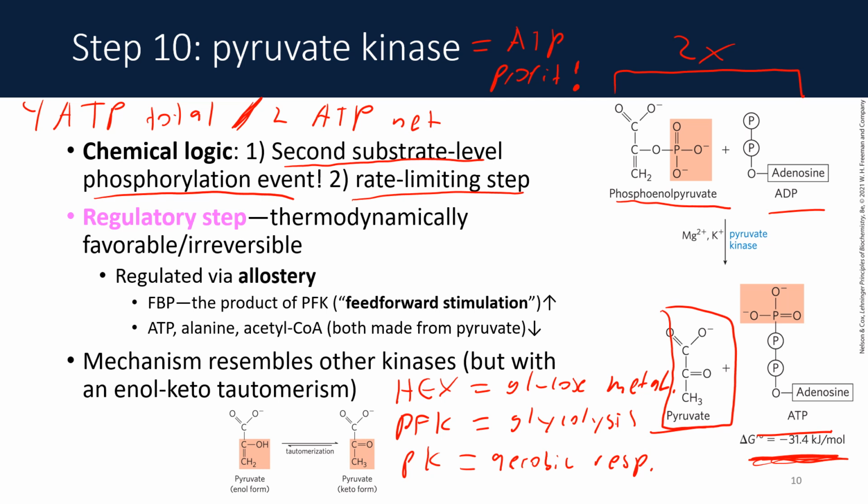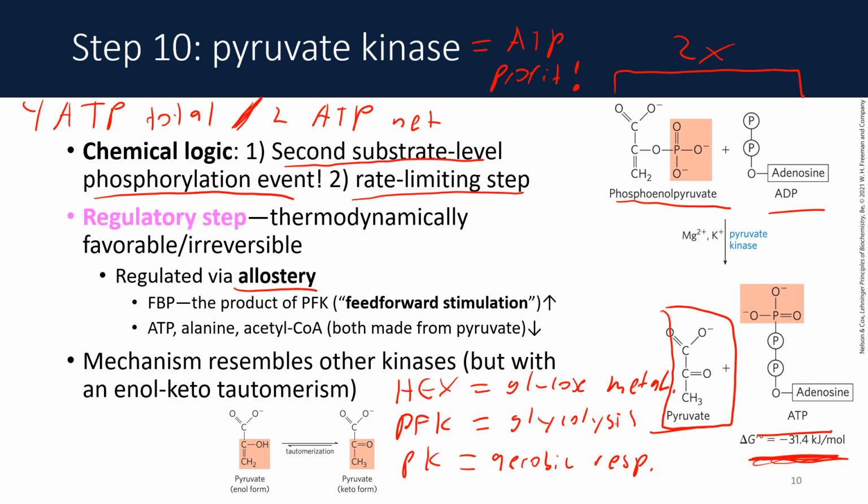However, pyruvate is also a useful molecule, and we don't want to burn any of our metabolites unless we are sure we need the energy. So that's why it's useful to tightly control the final bookend of glycolysis through allostery.